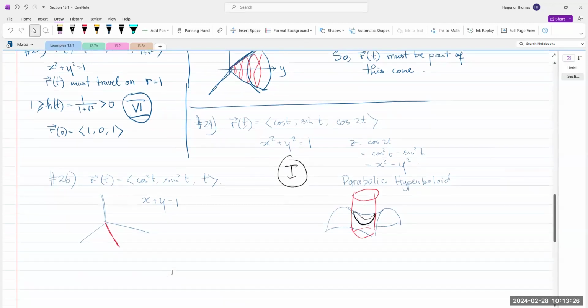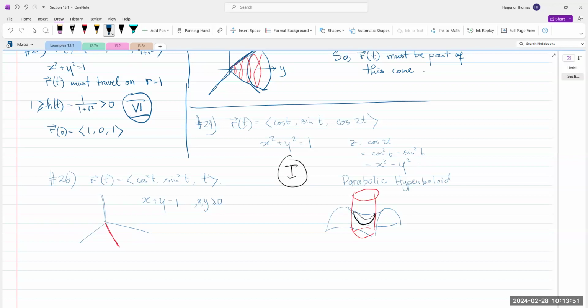Okay, x and y have to be at least 0, and then the c will increase from there. And this is at most root 2.